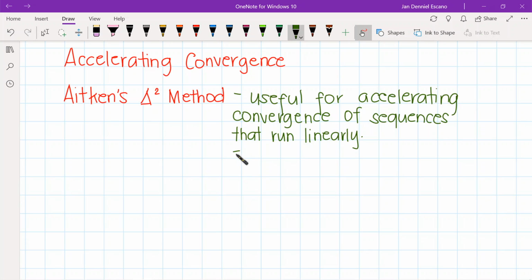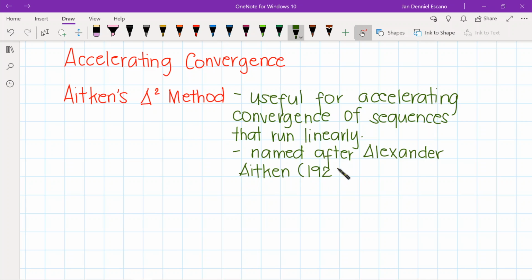And actually, this method was named after Alexander Aitken, way back in 1926.